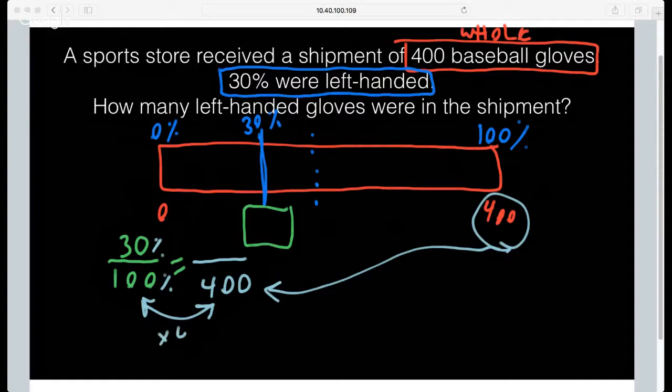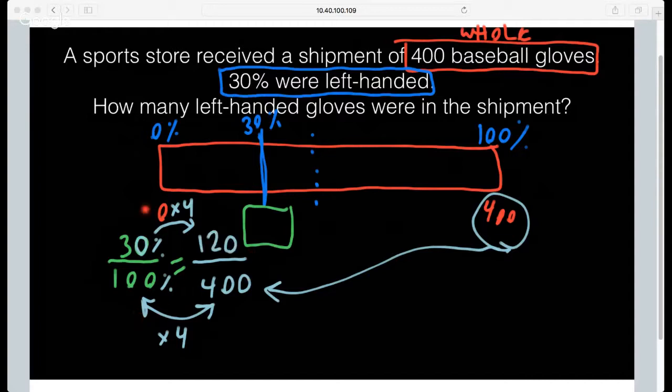We can multiply by 4. And you guys know that both have to have the same operations. So if I were to do something like this, now it's equivalent. We didn't break math because we're multiplying 30 over 100 by 1, which in this case we're going to use 4 over 4. So 30 times 4, what is that?